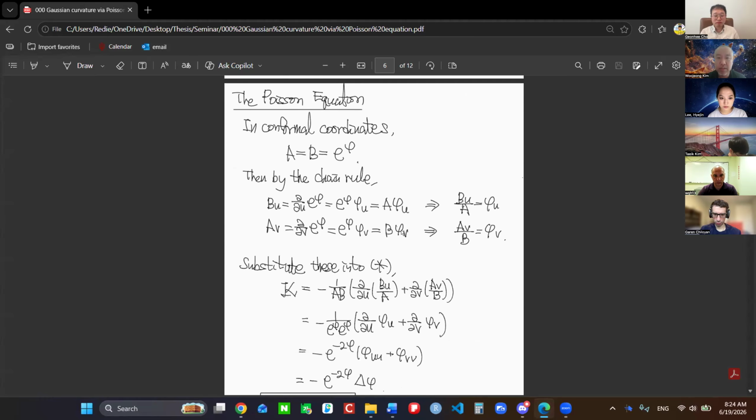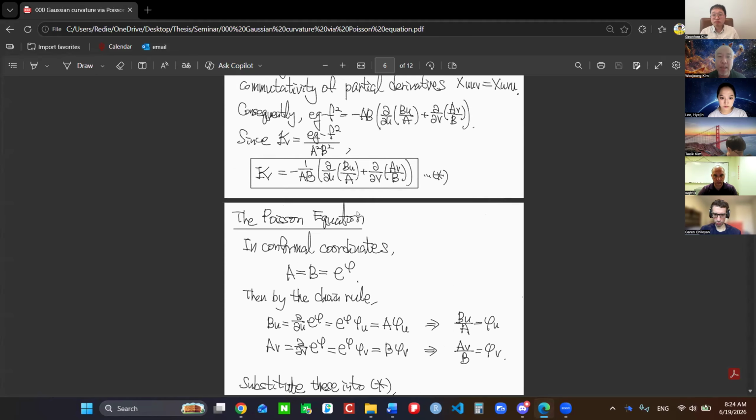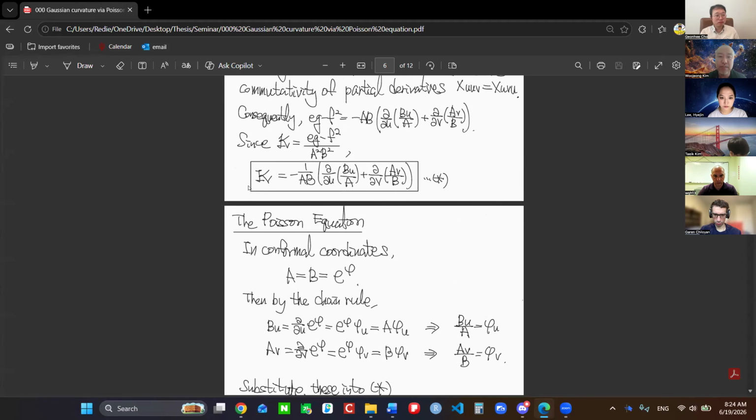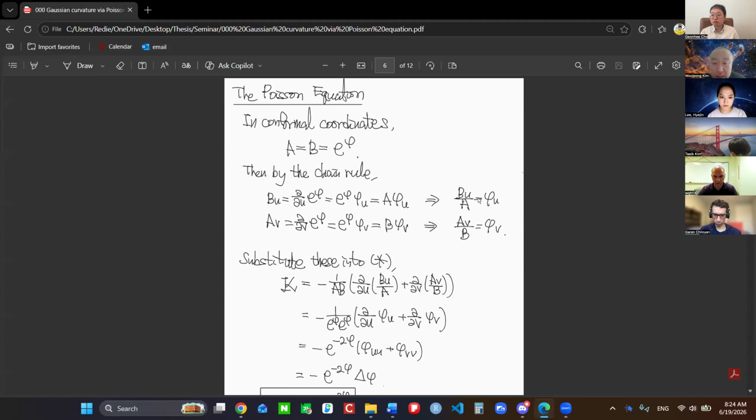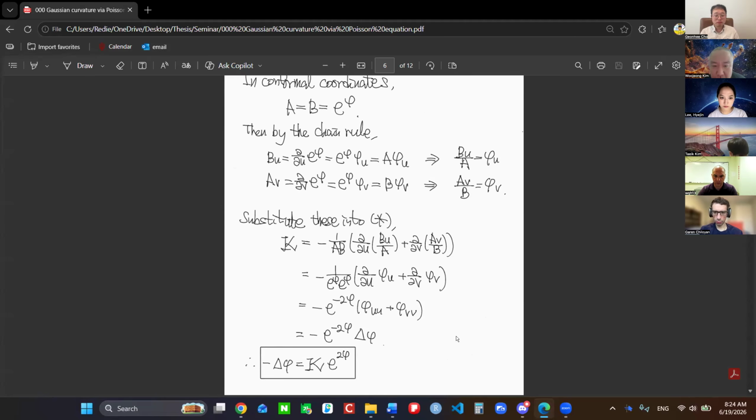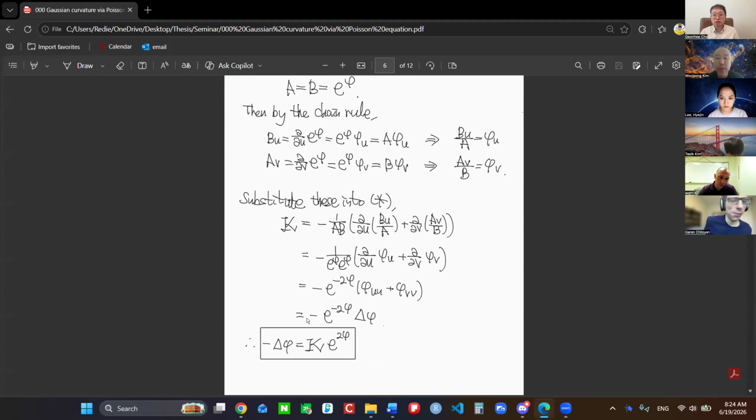All right? So after that, we can find the Gaussian curvature in this way. So this becomes like this way. So after that, we're going to get this conclusion. The Gaussian curvature is equal to negative e to the negative 2 phi times Laplacian of phi.